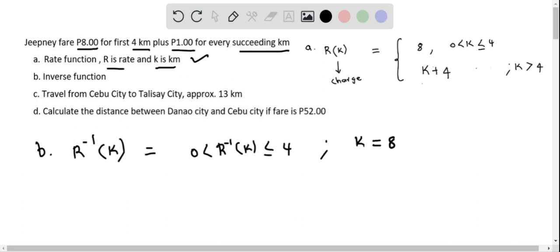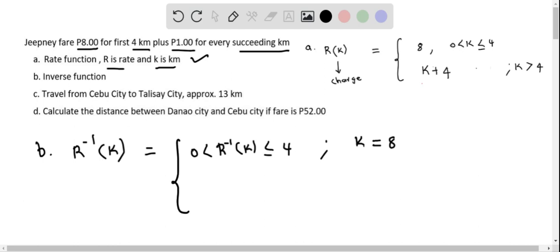Notice that here the k represents the charges, and the R inverse of k gives the kilometers that are traveled. So it says that the minimum charge is 8 peso, for which you could travel anywhere between 0 to 4 kilometers.